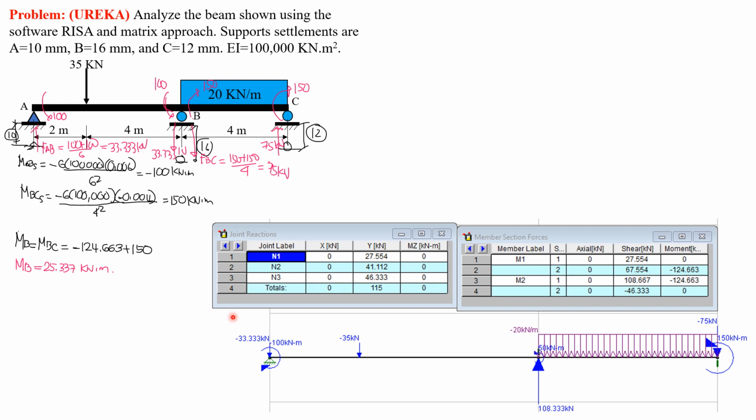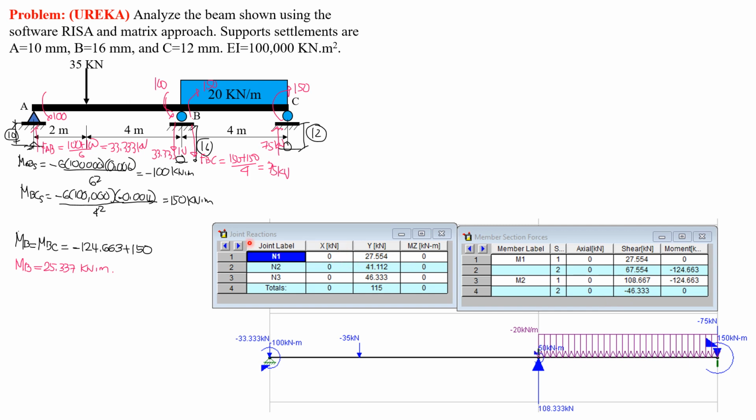For the vertical reactions, RISA will take care of that. But for the moment, we have to adjust the final moments later. Then at C, we have fixed end force 75 kilonewtons upward, so the nodal load should be 75 kilonewtons downward as shown. So in RISA, after placing these complete loads, these are the generated answers.